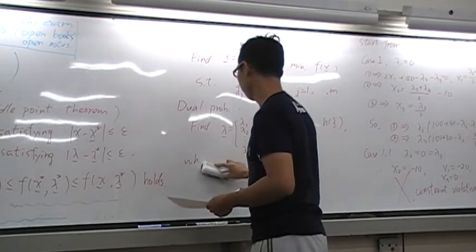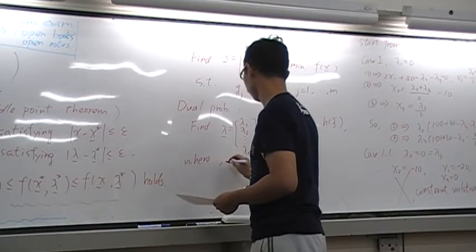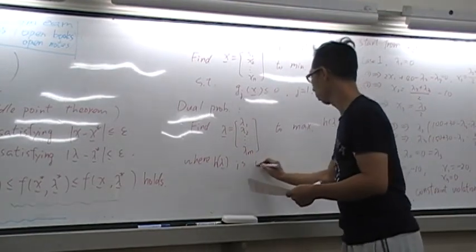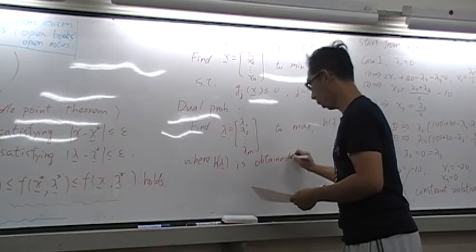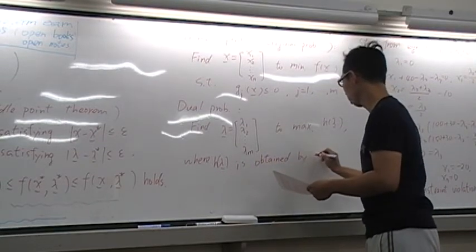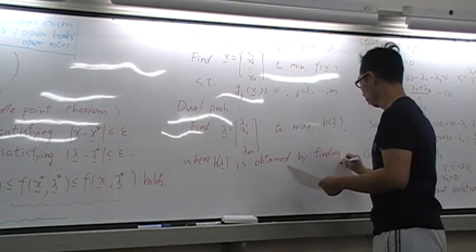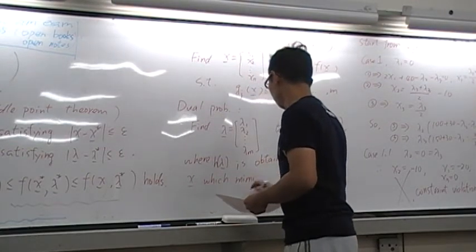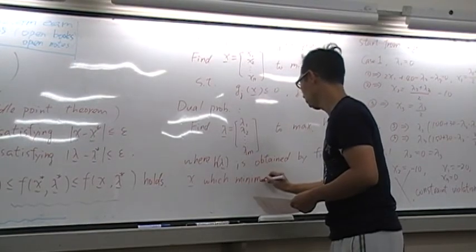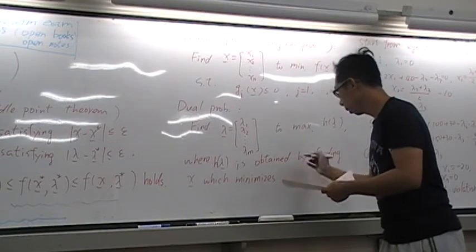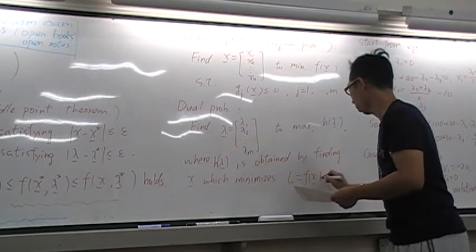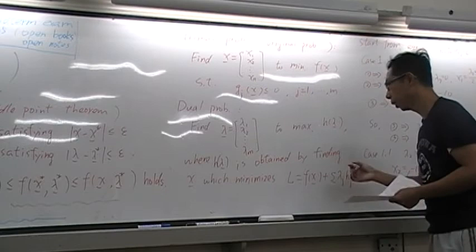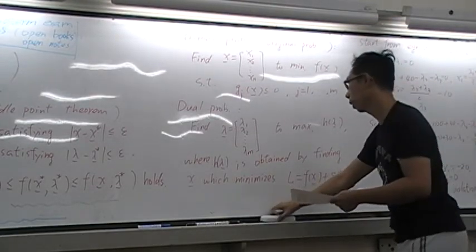And what is h of lambda? It is actually obtained by finding x which minimizes the Lagrange function, L equals f of x plus the summation of lambda j times g j.